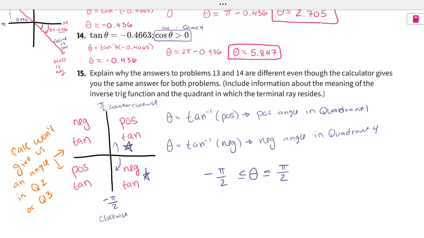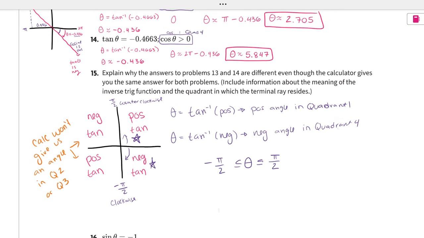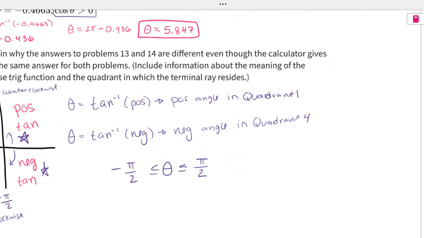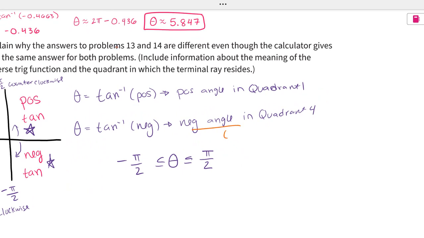It doesn't need to, because if it's positive, it'll just give us something in quadrant 1, and if it's negative, it'll just give us something in quadrant 4. It'll use the negative version of that angle, the negative angle closest to 0 possible.